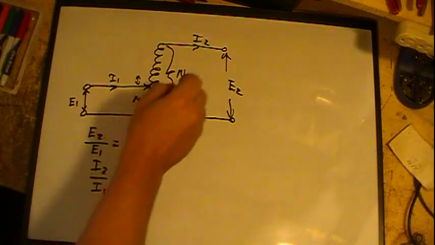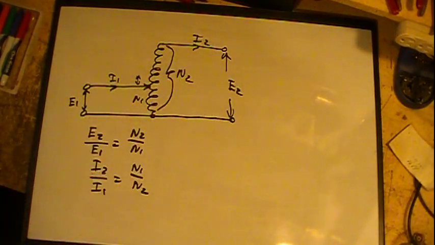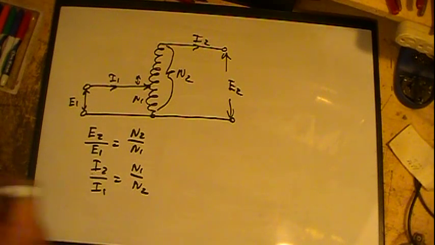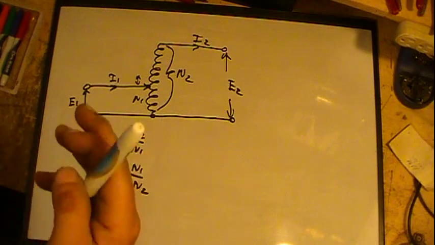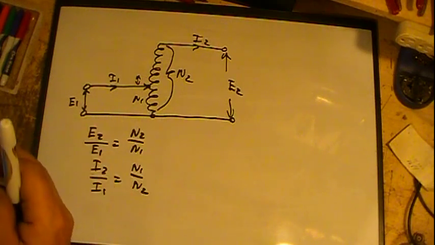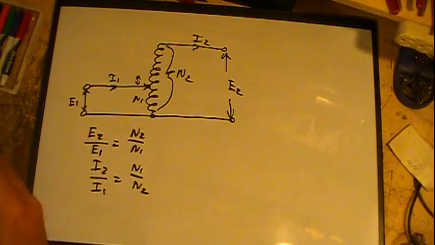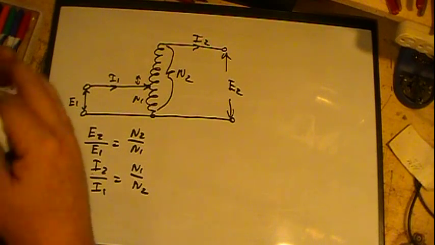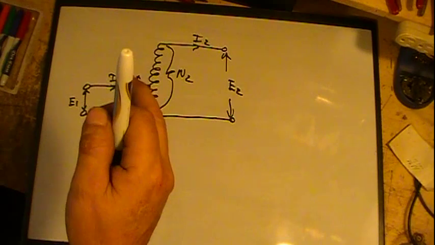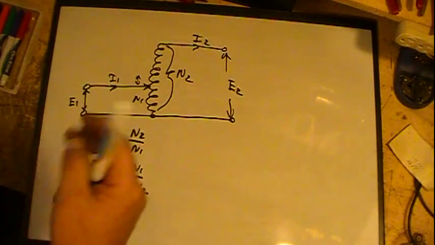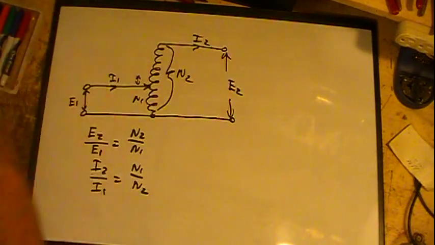The biggest thing about these that I want you to really pay attention to, unlike the double wound, which is fully isolated, is that the only connection between the two windings is the mutual inductance. In other words, as the magnetic field builds up on one side, it cuts and creates a voltage in the secondary, and as it collapses it keeps doing that.